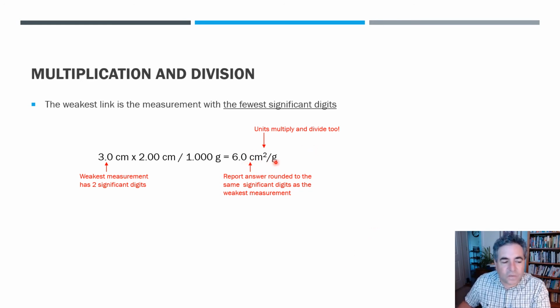They're centimeters squared per gram. How did I get that? Well, when you're multiplying and dividing, the units multiply and divide as well. So if you have centimeters times centimeters divided by grams, that's the same thing as centimeters squared divided by grams. So you have to put the units down that way.